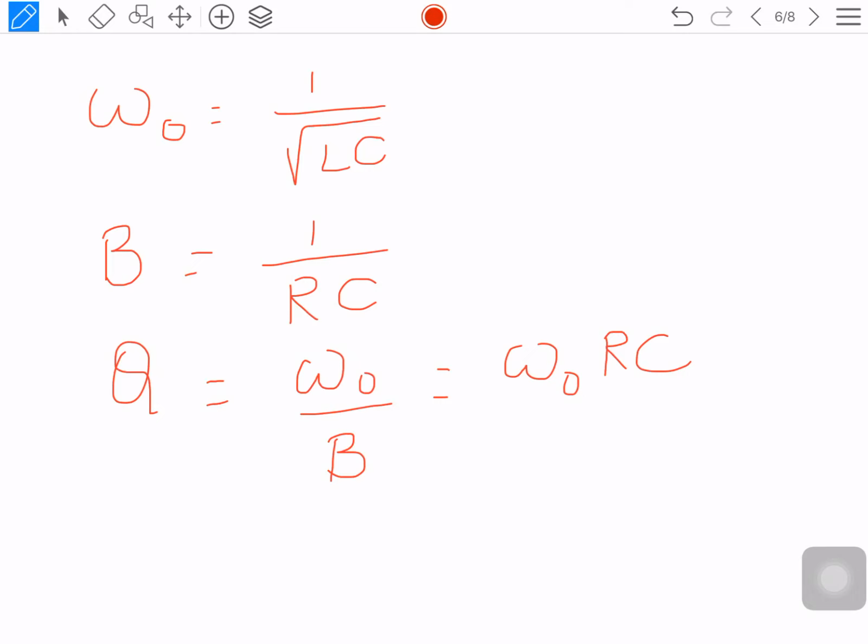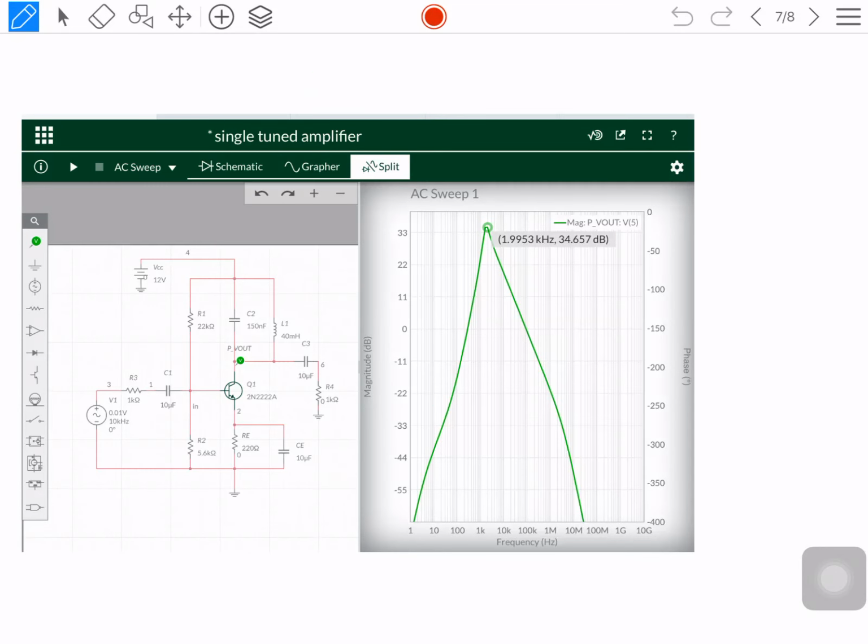Let us have a practical approach of this particular single tuned amplifier. As already said, the circuit can be designed with the help of either MOSFET or BJT. In this case I have taken not a MOSFET but a BJT as an active element. Now a tank circuit is placed at the output terminal. This is a BJT in CE configuration here.